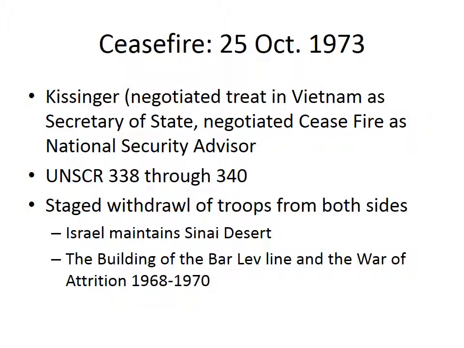The October War ends with a ceasefire on 25 October. Kissinger, who was the one that negotiated the treaty in Vietnam as Secretary of State, will now negotiate a ceasefire between the main interlocutors, the Israelis and the Egyptians, and the Syrians, for that matter, as national security advisor.